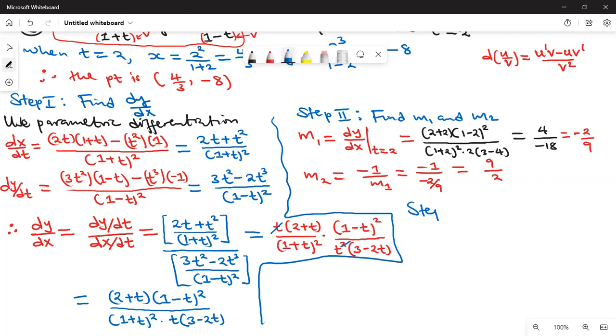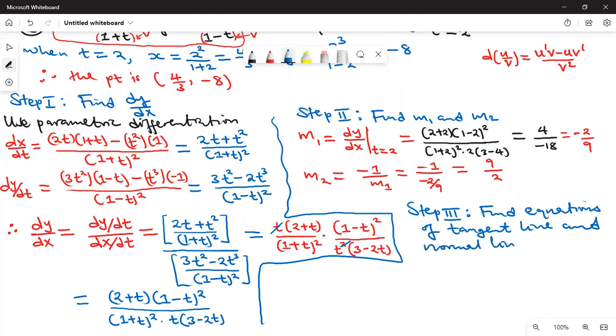Step 3. Find equations of tangent line and normal line. Remember the equations. Let's start with the tangent. You're going to say change in y is the same as y minus, what was the point?